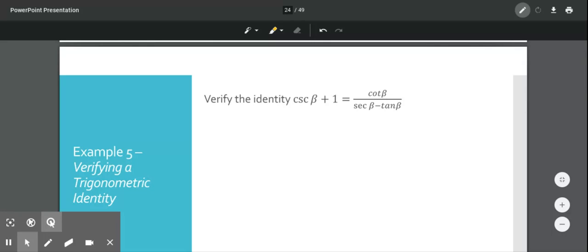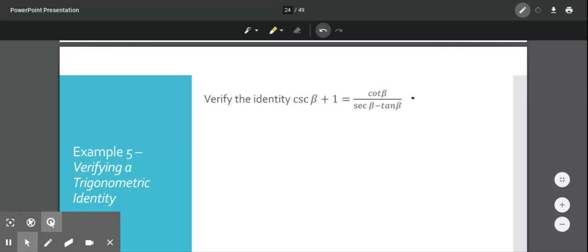So again, if you look at the right side, you have secant minus tangent in your denominator. If you were to be able to create a difference of squares and have secant squared minus tangent squared, if you look at your formula sheet, secant squared minus tangent squared is 1, right? So that would probably be worth trying to create that difference of squares over on that side.